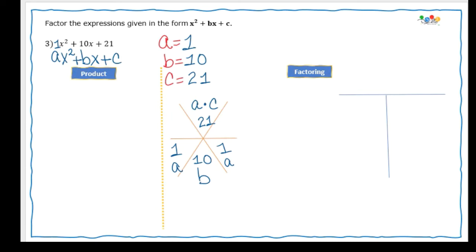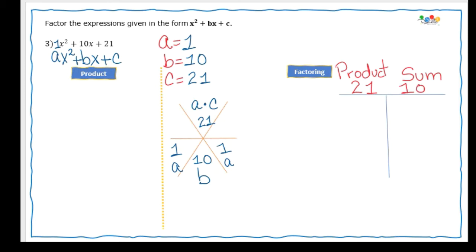So how do I do the T? Well, the first thing I need to know is the product for 21. And once I know the product for 21, I would use those factors to see if they can give me the sum for 10.